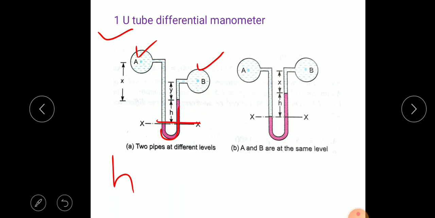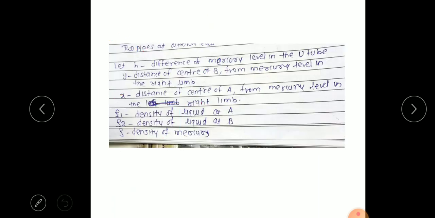So we can see here the level between the two mercury levels. Above H, the fluid in pipe B, the center of the pipe, is at Y, and above H, the center of the pipe where you have to measure the pressure for A is at X. So X denotes the height above H to the center of pipe A, and Y denotes the height above H to the center of pipe B. We have also considered the density of the fluid.